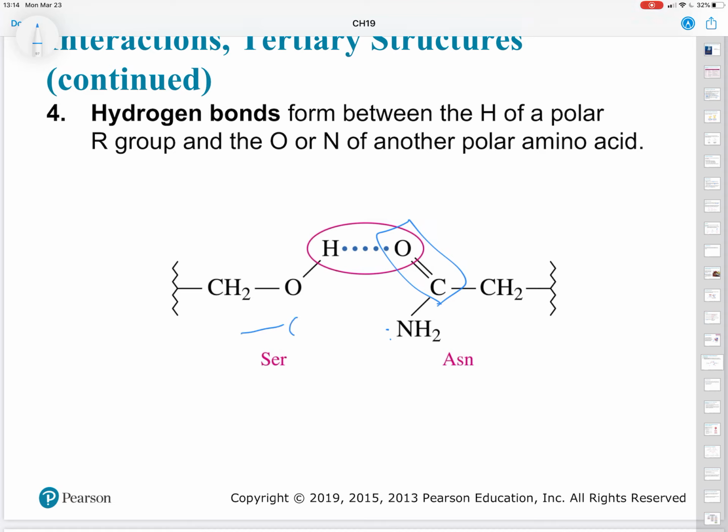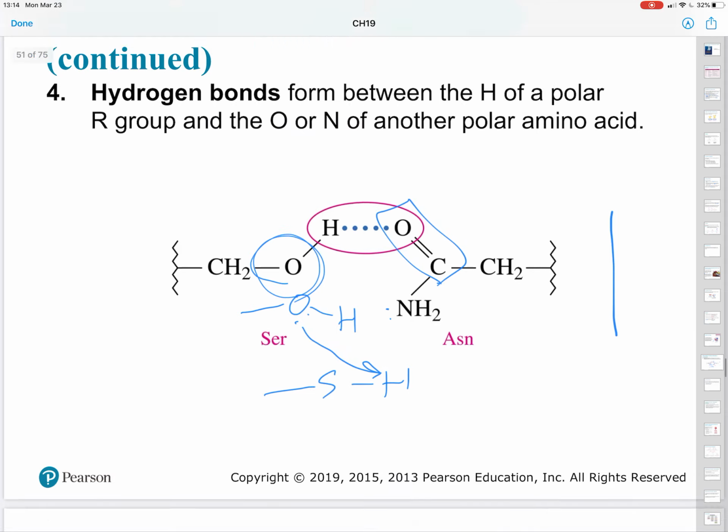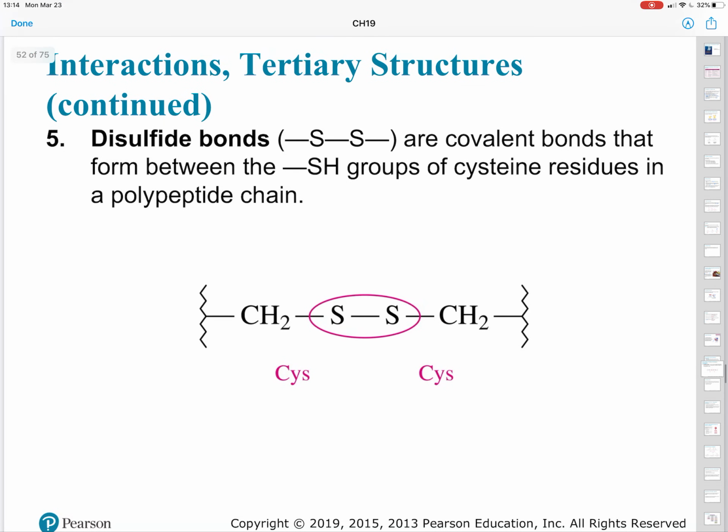I was going to say, even if we have something with an SH on it, we might still see some O to H hydrogen bonding there. But that still, of course, includes the O. Hydrogen bonds, that's the fourth type, and there's a fifth. Disulfide bonds. This only happens between cysteines.